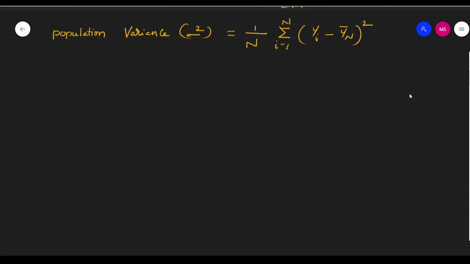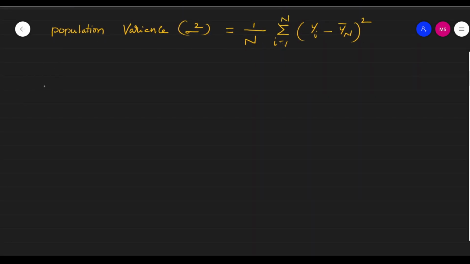The next formula is, next we take a sample from the population, right?